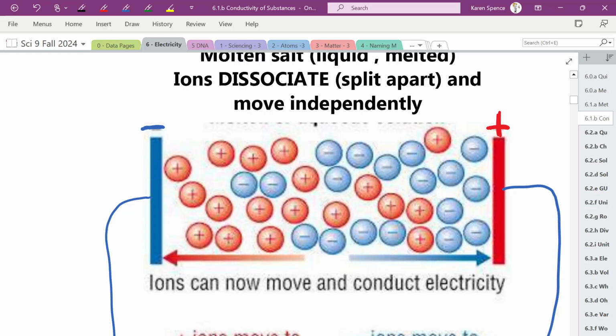Will they move towards negative, or towards positive? They're going to move towards the negative. So the red ones move this way. Which way do the negative ones move? They would move towards the positive. Okay? So that's conducting charge.